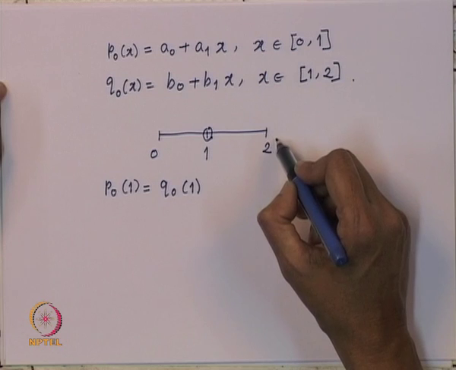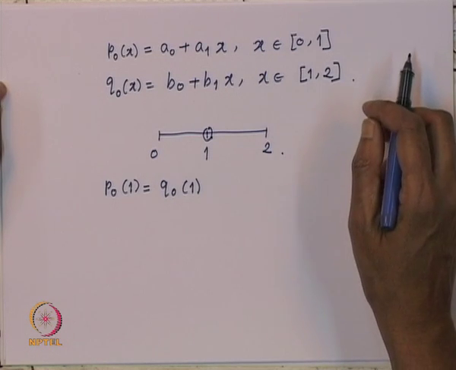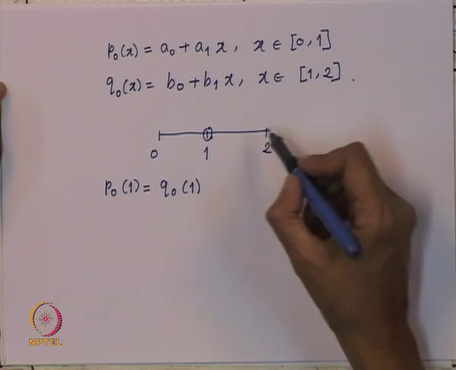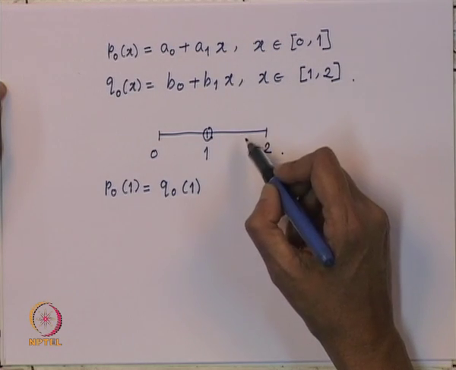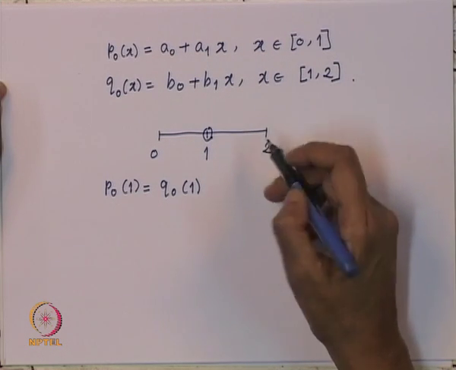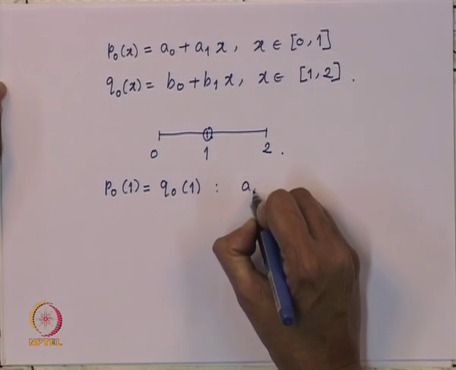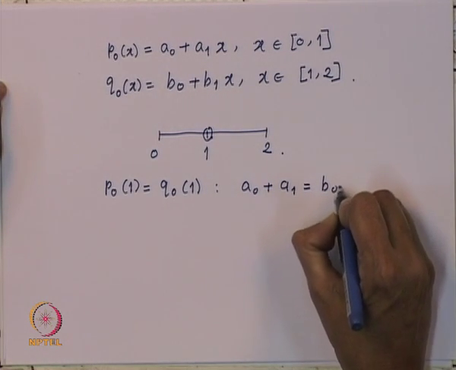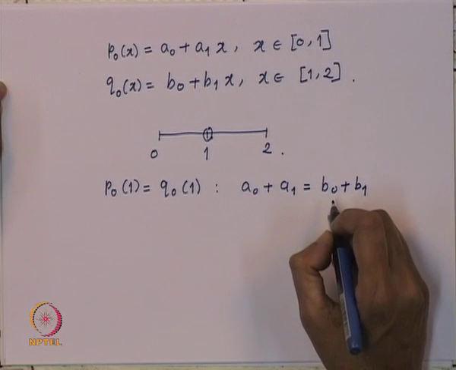In the interval 1 to 2, the polynomial q0 is also infinitely many times differentiable. So, the question is whether the values at 1 match. That gives us a0 plus a1 is equal to b0 plus b1.